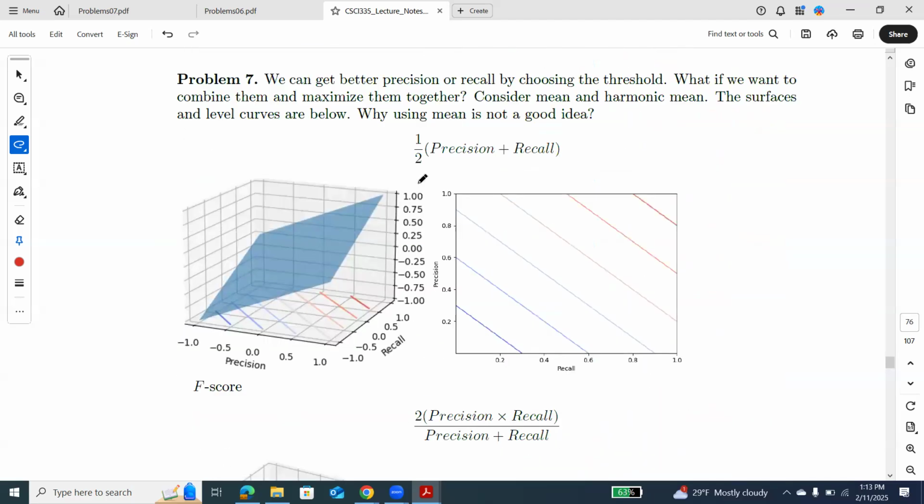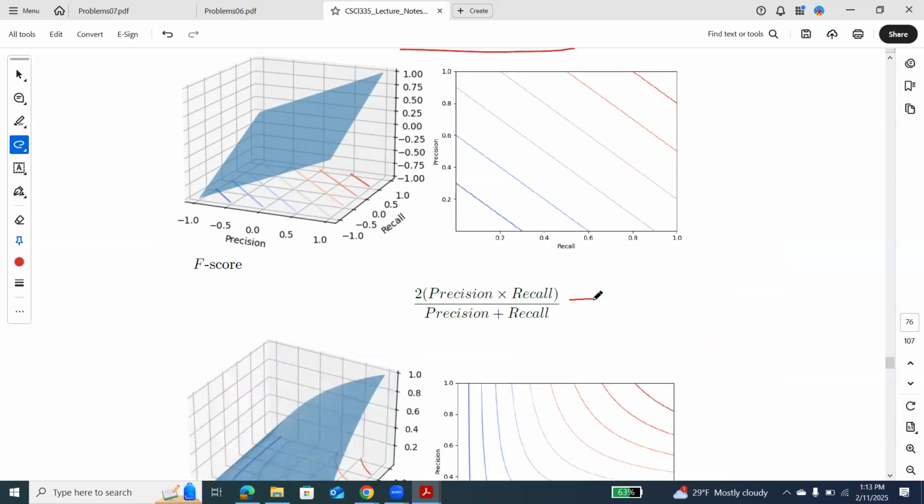The first formula is just the average of precision and recall. The second is the inverse average, the harmonic-type mean, of 1 over precision plus 1 over recall. If you find the common denominator, you will get exactly this formula.